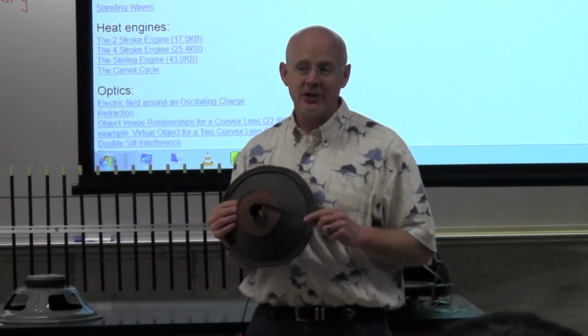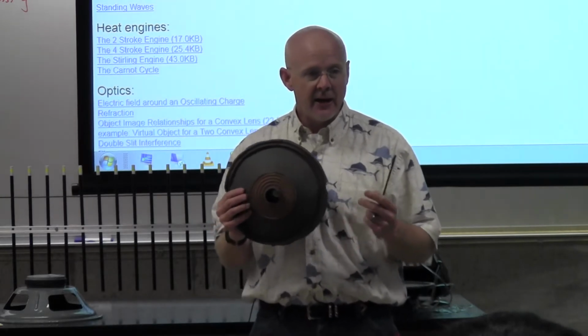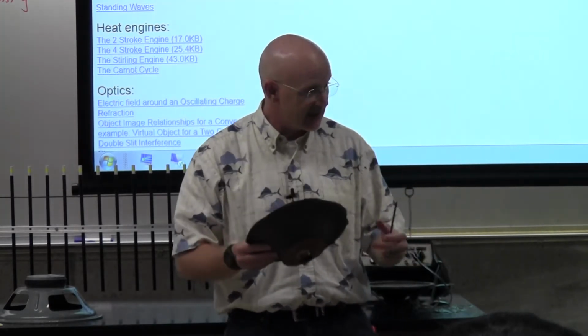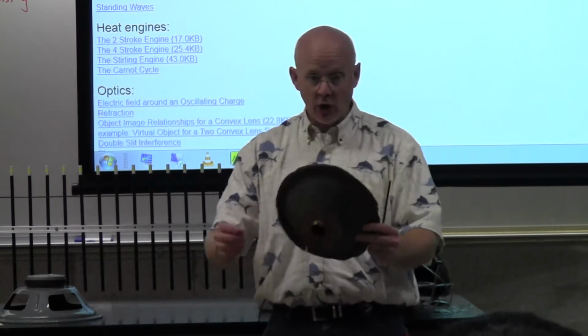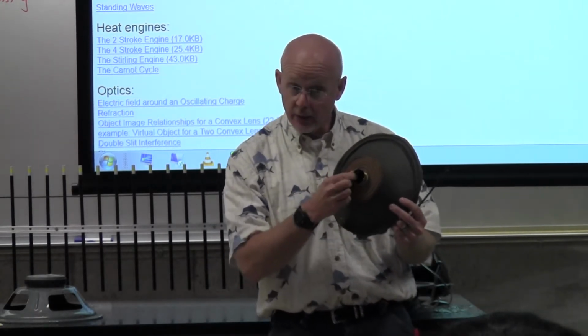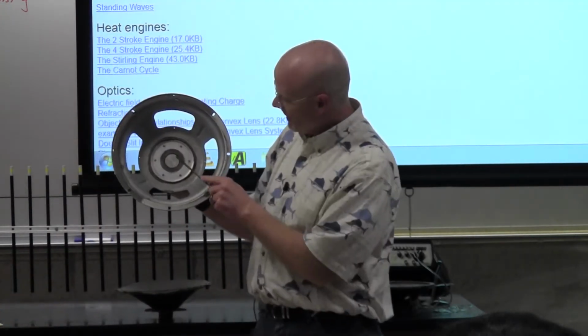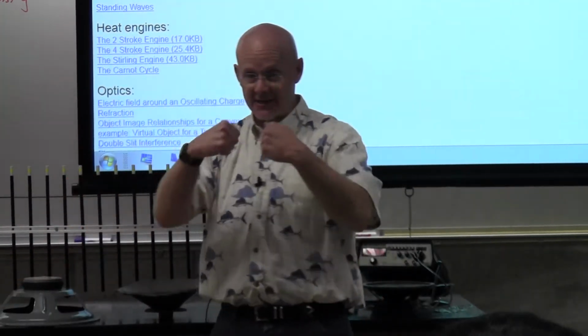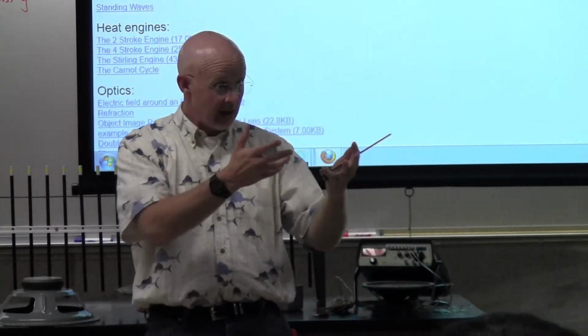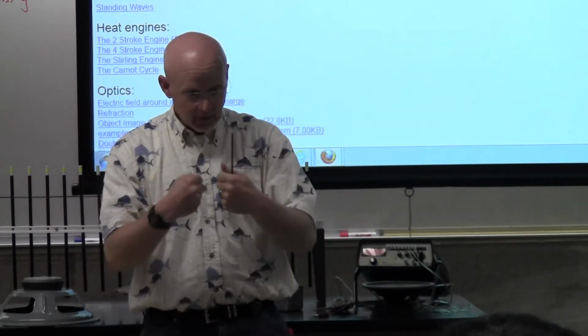But when I pass electricity through a coil wire, it becomes a magnet. It becomes an electromagnet. So when I pass electricity through here, that's a magnet. That's a magnet. What happens when you have two magnets near each other? Yeah, they either push or repel depending on how they are aligned.